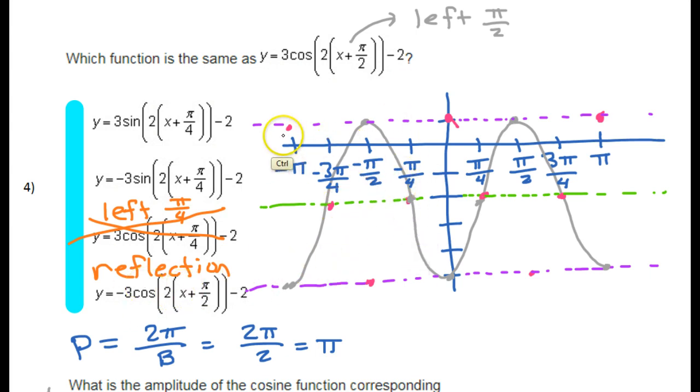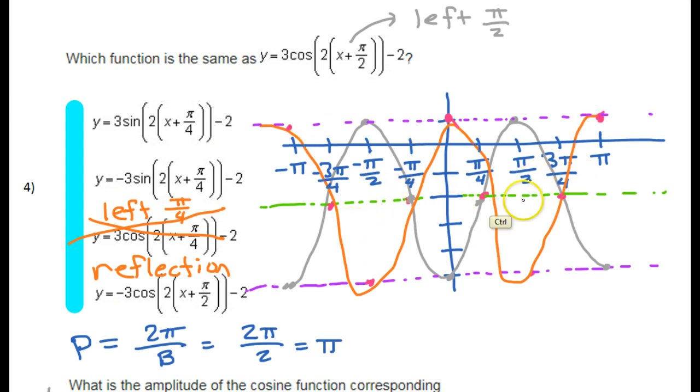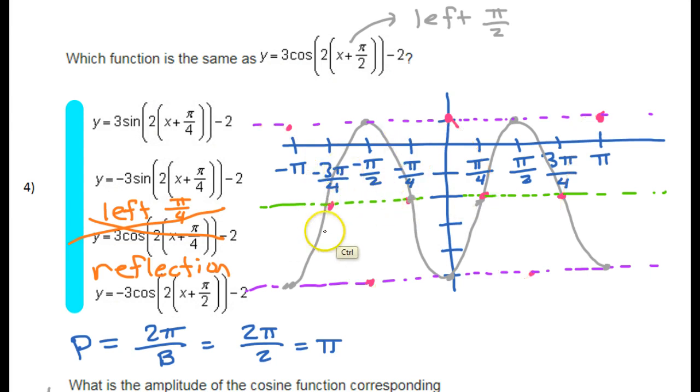So if I took this graph and I turned it upside down, then it would look something like this. All right, and again, that's a very janky looking graph, so forgive me. But obviously, these do not look the same. Turning the graph upside down, it's not the same. So it won't be that one. So it's going to be one of these sine graphs.